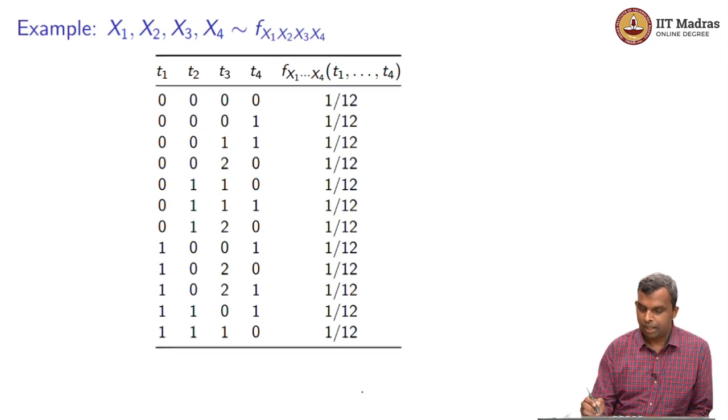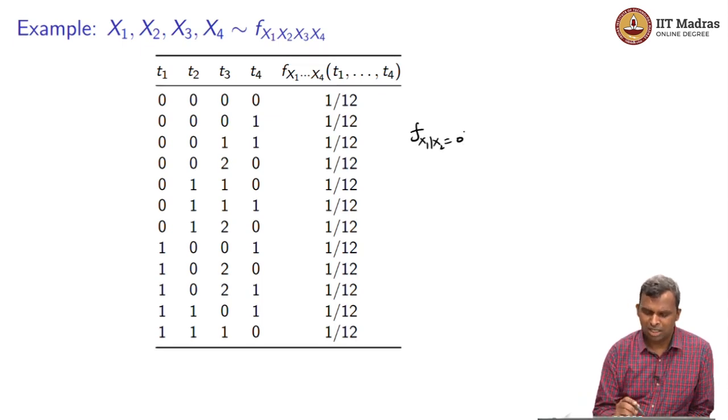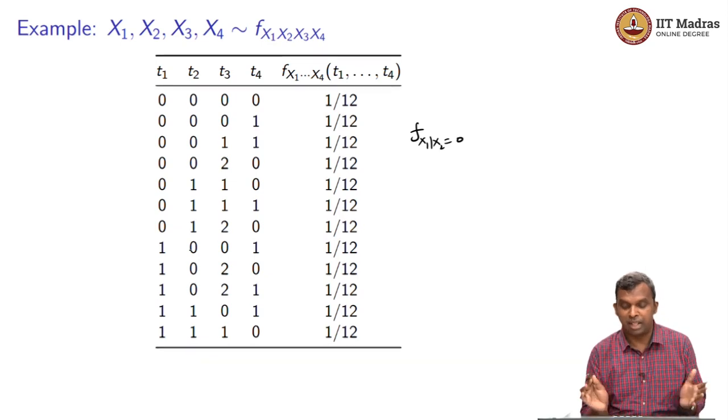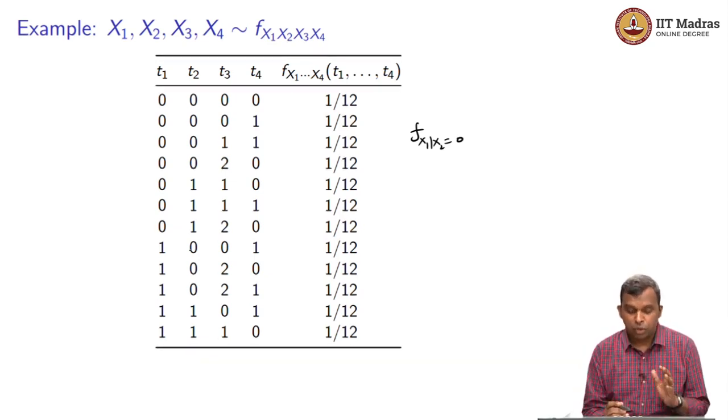So let's start at the very beginning. We'll start with x1 given x2 equals 0. First thing you have to do is identify the range. When somebody gives you a big table of values, the first thing is to look at every column, identify the range, and make sure you understand what values it takes, so that you can start working on the problem.